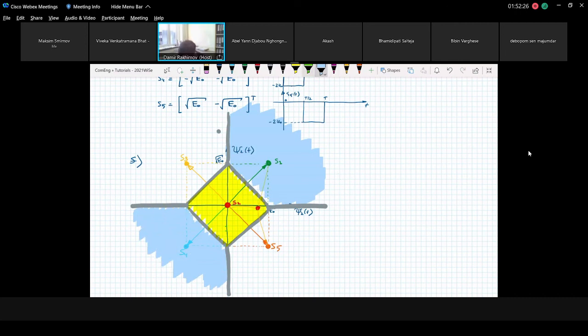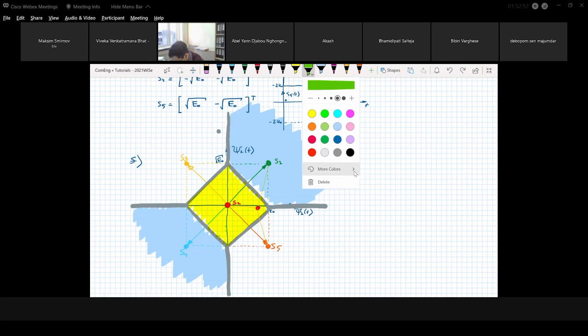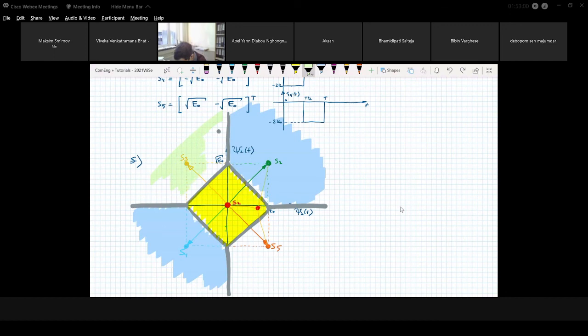So this is how decision areas look. But in general, they should have different colors. Okay, are there any questions?